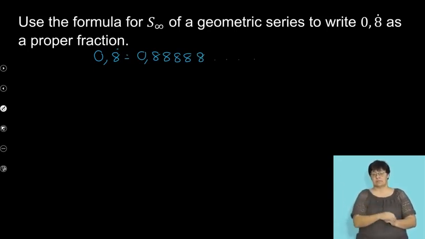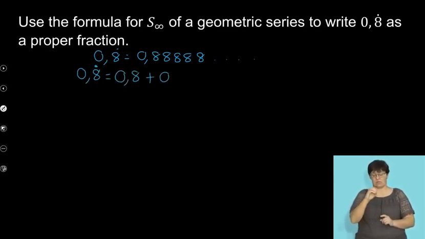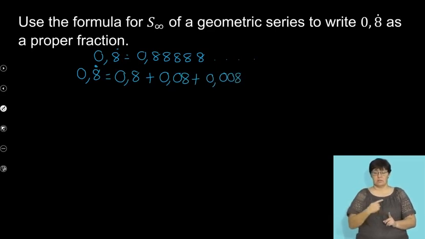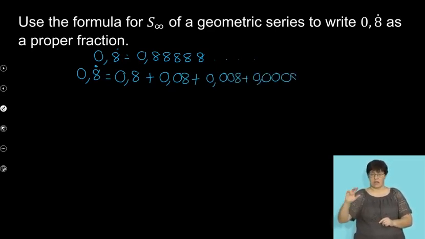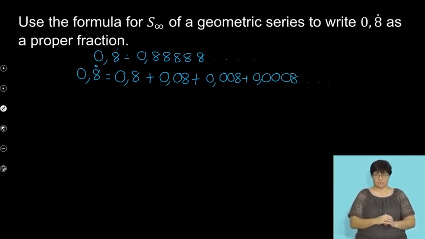This means that I can write 0,8 recurring as a sum: 0,8 recurring is equal to 0,8 plus 0,08 plus 0,008 plus 0,0008, going on and on and on.